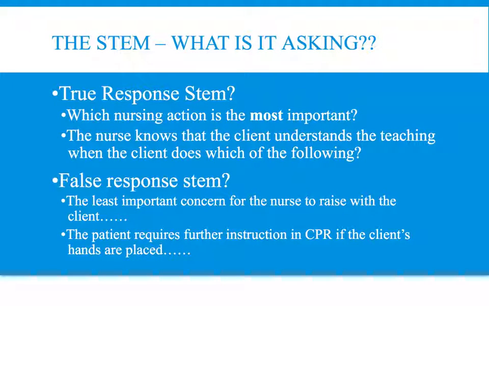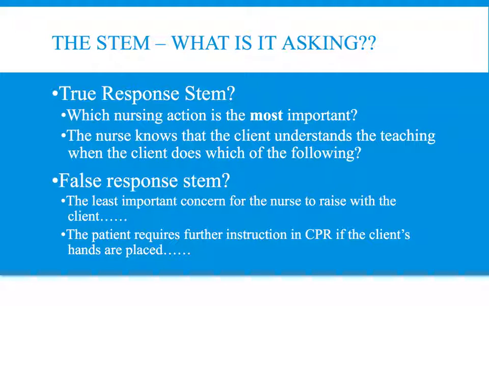And this slide is just reiterating what we just talked about in the last slide. But it's also showing that the stem, the question part, can be a true response stem. The true response stem means, which nursing action is the most important. These are some examples.